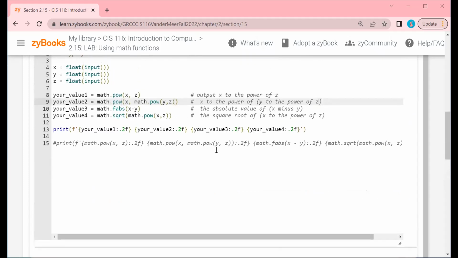I think it was my caret sign in my comment causing a problem, like a keyword. I thought it's supposed to ignore it though. Yeah, maybe that's the Zybooks thing.